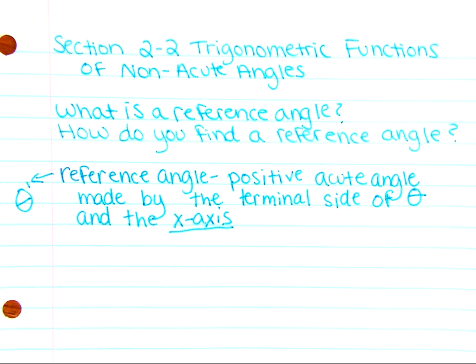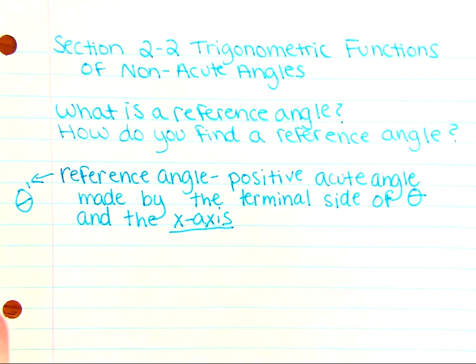Why would we need to not worry about quadrant 1? Well, if we're talking about acute angles, all of the angles in quadrant 1 would already be acute. All of those angles are already between 0 and 90. So if you have an angle in quadrant 1, you don't need to worry about finding a reference angle, because those angles are already positive acute angles.